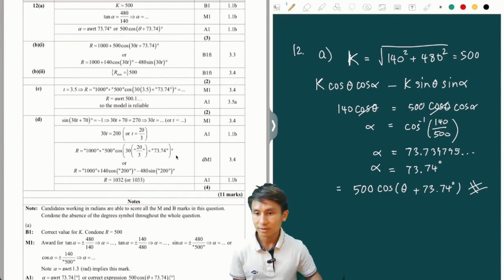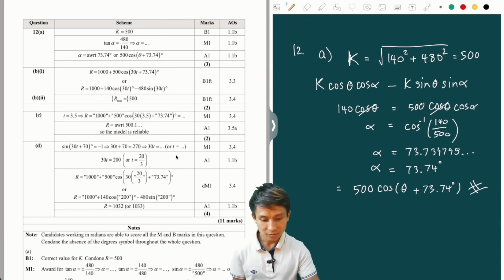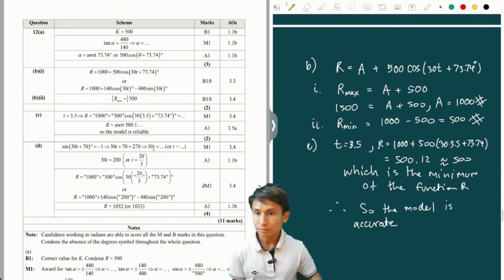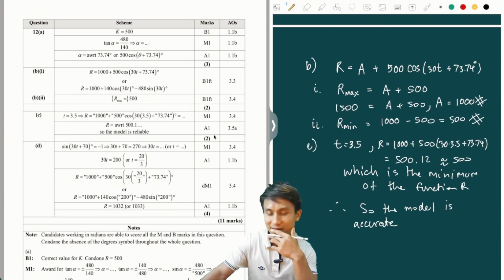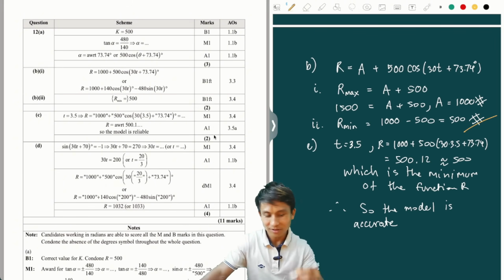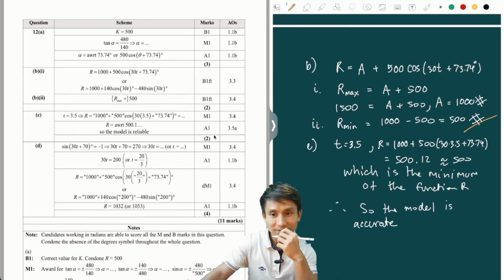12. 500, blah, blah, blah. B I, got the equation, so, yep. What does it ask? Doesn't it ask for the maximum and minimum? Minimum is 500. Maximum is 1,000.